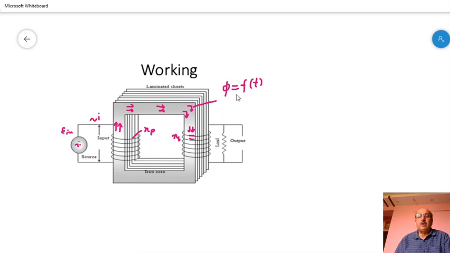So if the flux regularly changes, the induced EMF on the secondary coil will be equal to minus Ns, that is the number of turns in the secondary coil, d by dt of phi.